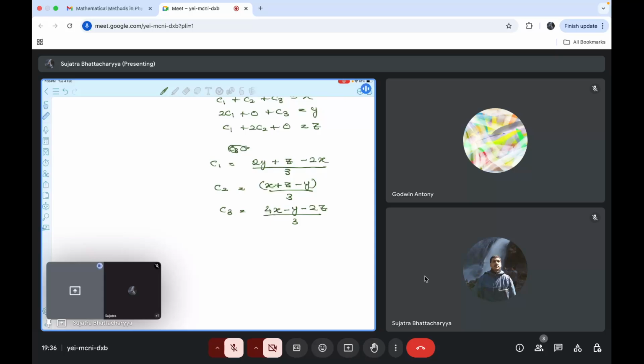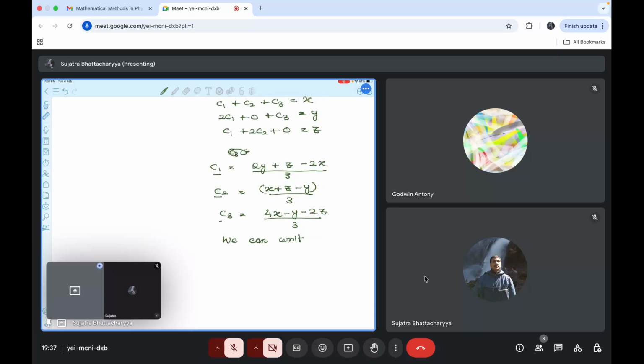So, as you can see, we can write C1, C2, C3 in terms of X, Y, and Z, whatever. Therefore, it shows that for any X, Y, Z, we are getting C1, C2, and C3.